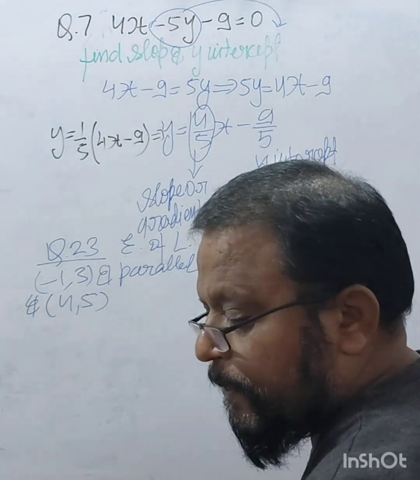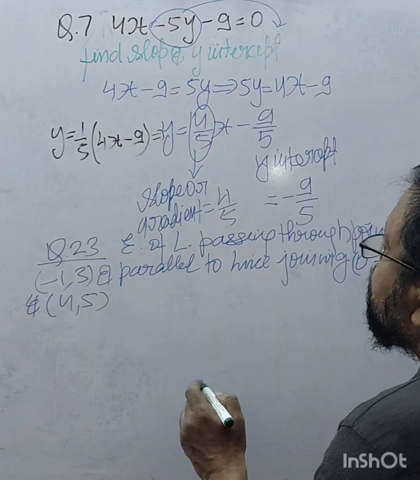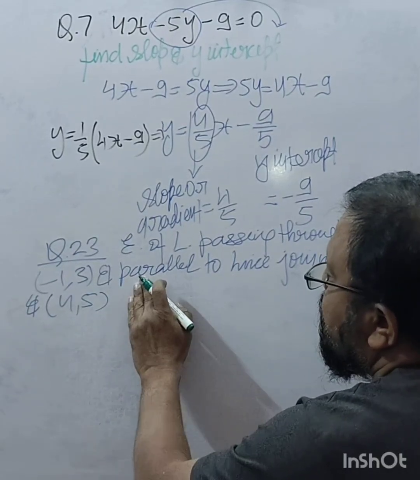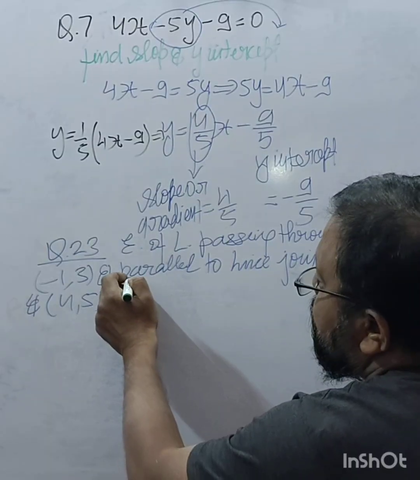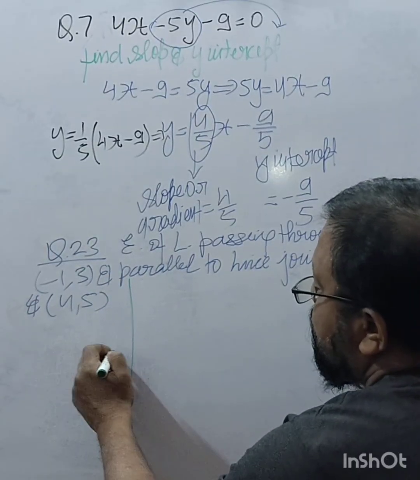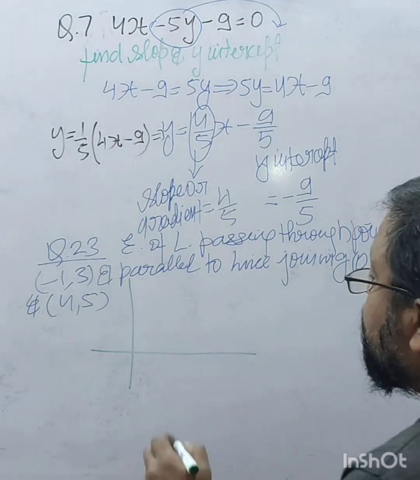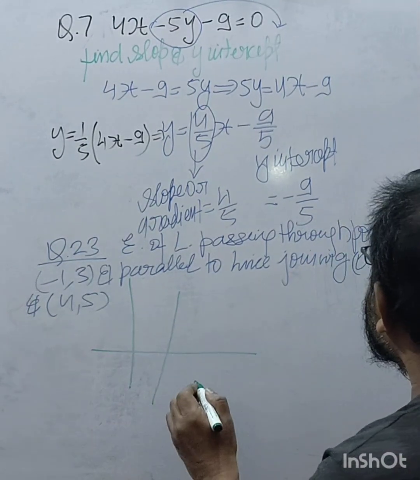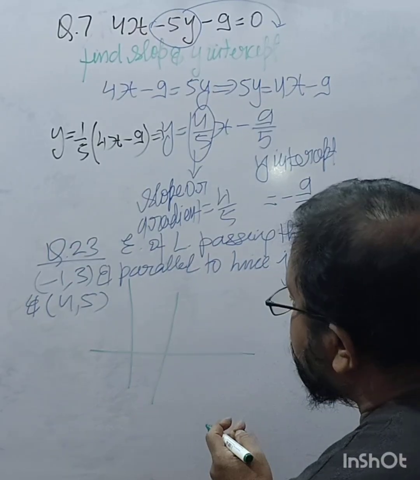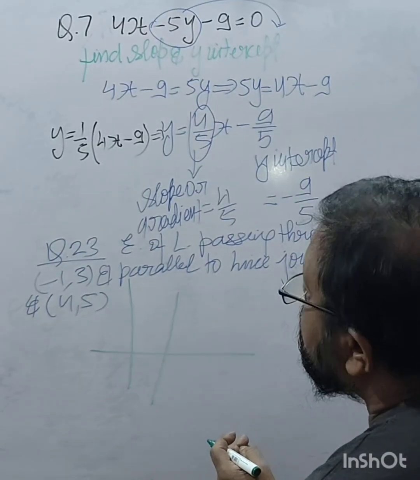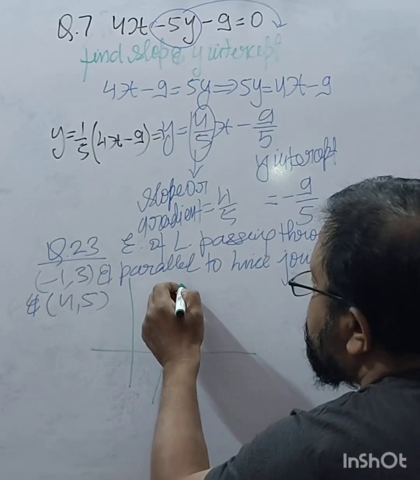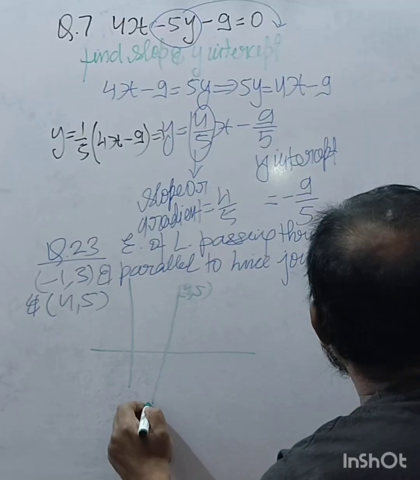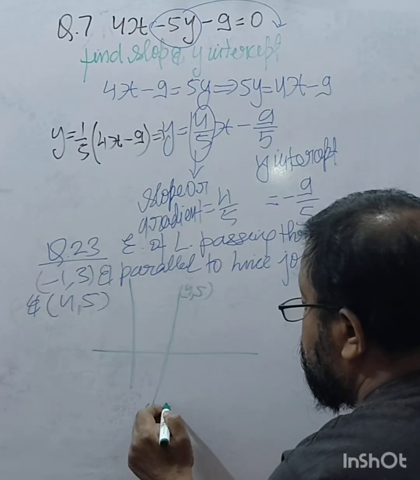So this is a Cartesian plane. One line is passing like this, which has coordinates, say, 4 comma 5 and 0 comma minus 2.